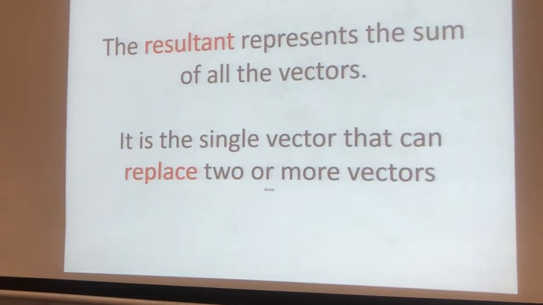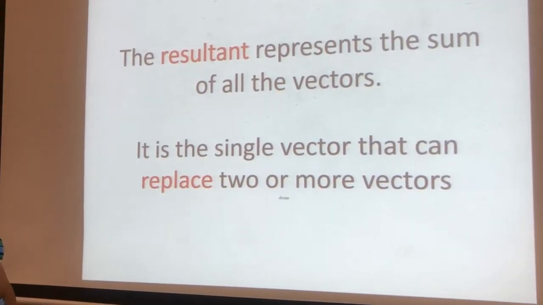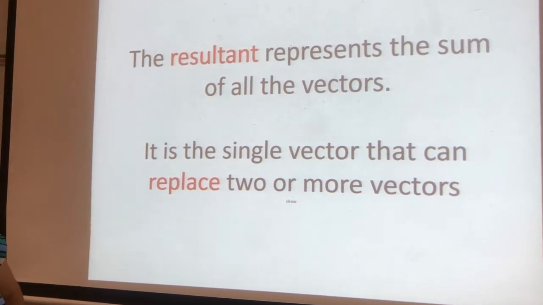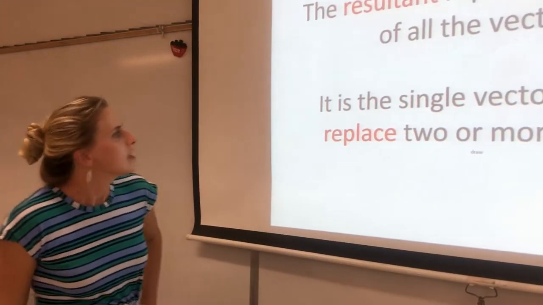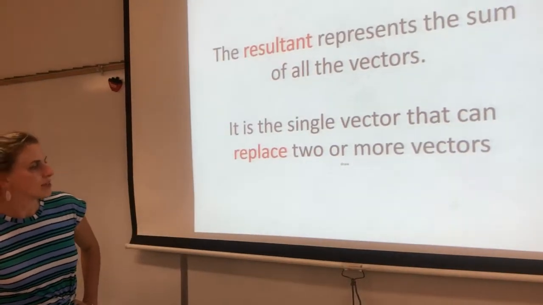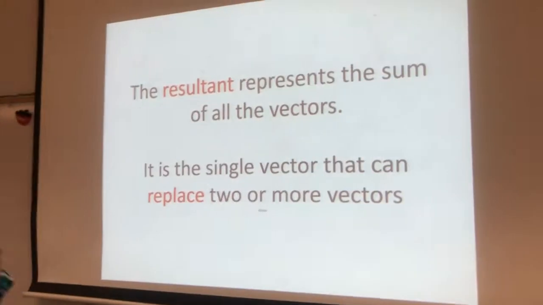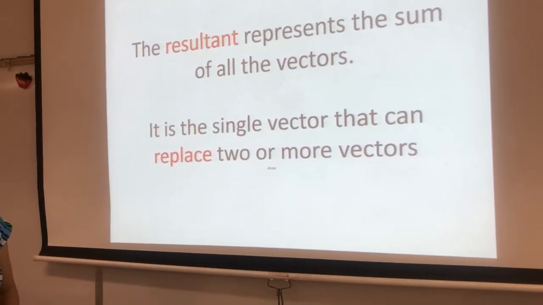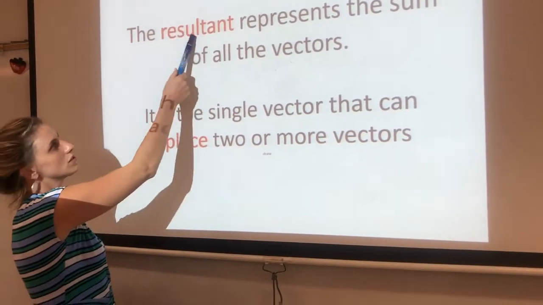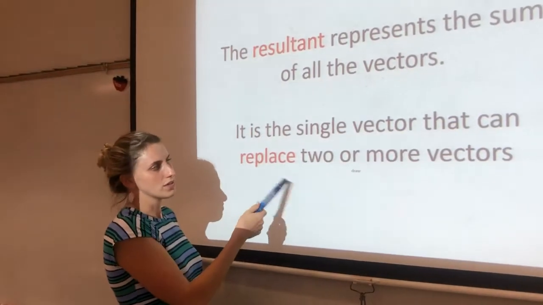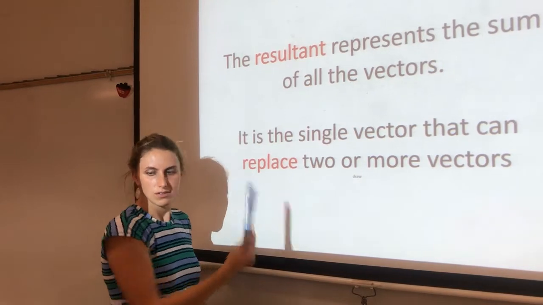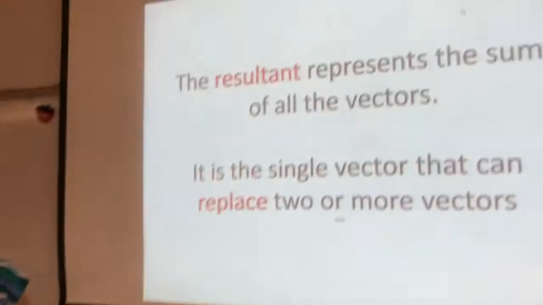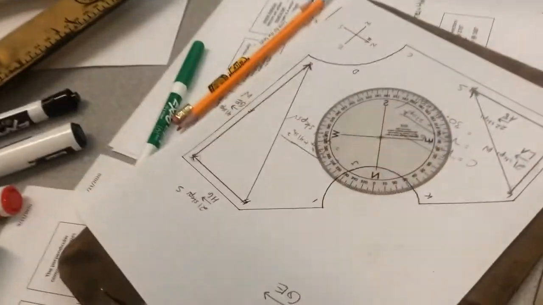The resultant represents the sum of all the vectors. We know that, we just did that. We added up our stuff. It is the single vector that can replace two or more vectors. It's like the answer to an addition problem, except you're adding arrows.